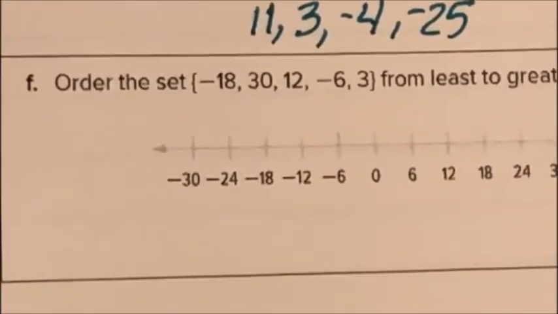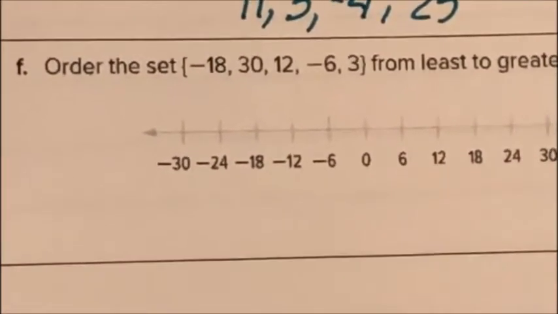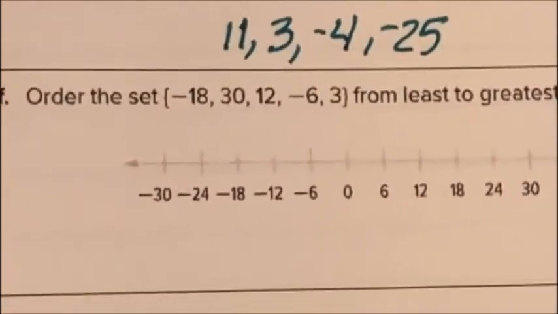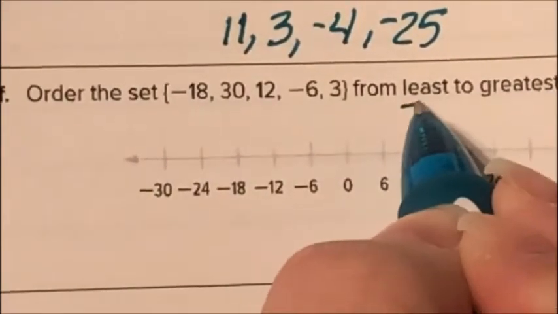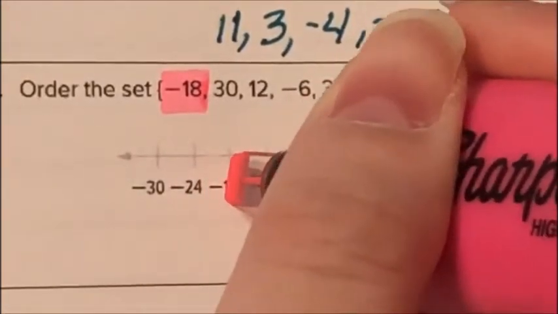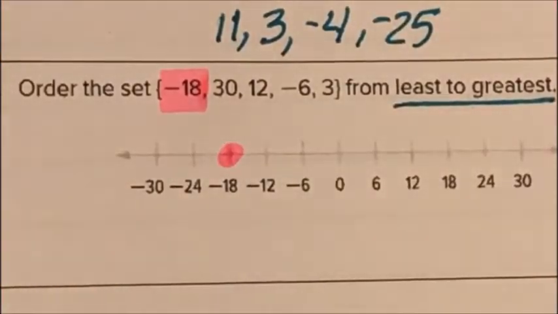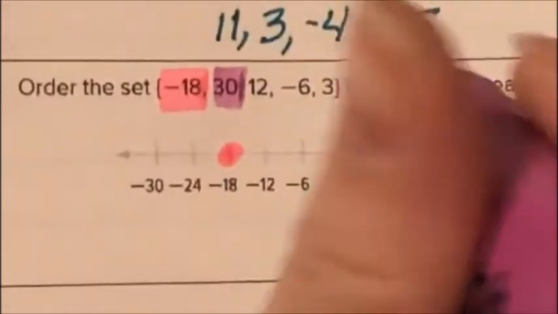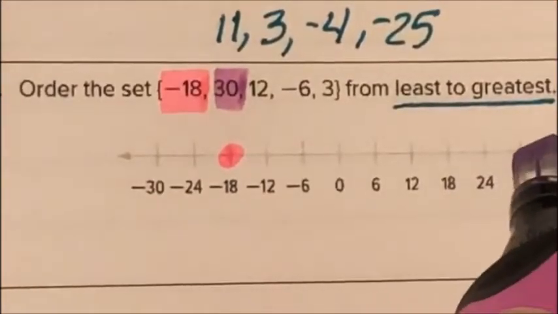All right, letter F says order the set negative 18, 30, 12, negative 6, 3 from least to greatest. So I'm going from least to greatest, so smallest to biggest. I have negative 18, which is right there. 30, which is down here.